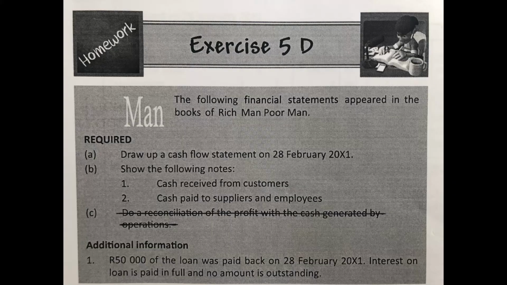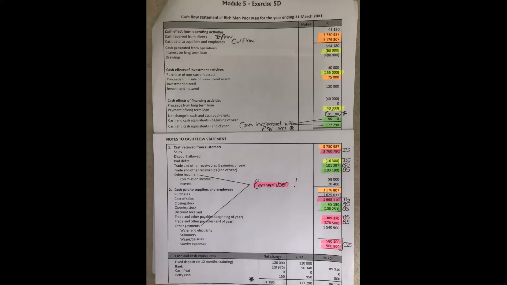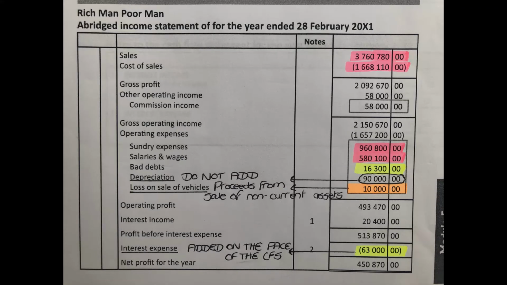Okay, so we're going to start again with cash receipts from customers. And as you know by now, the first item that we look at is sales, and that amount we get in the income statement. Okay, then we look in the income statement, did we have discount allowed and bad debts? You'll see in this exercise there was no discount allowed, so that amount is 0.